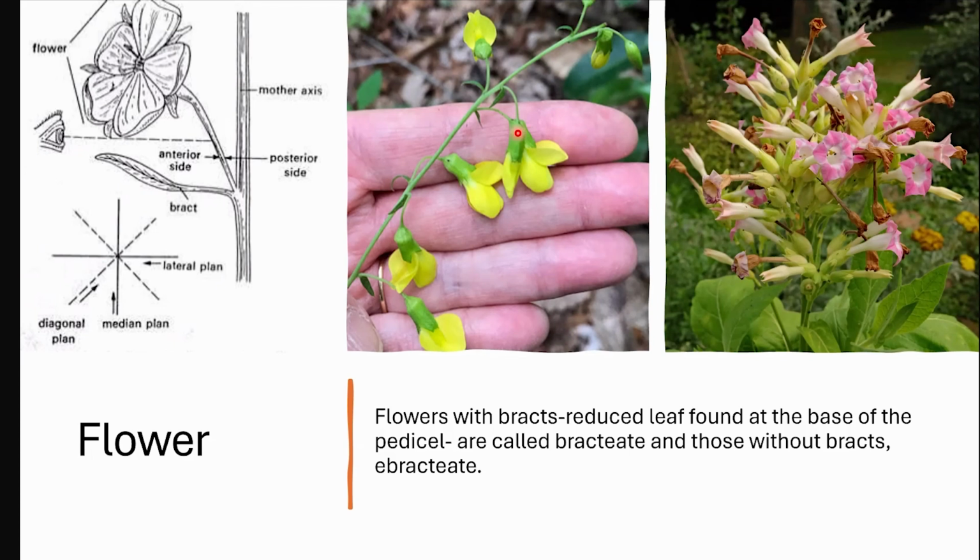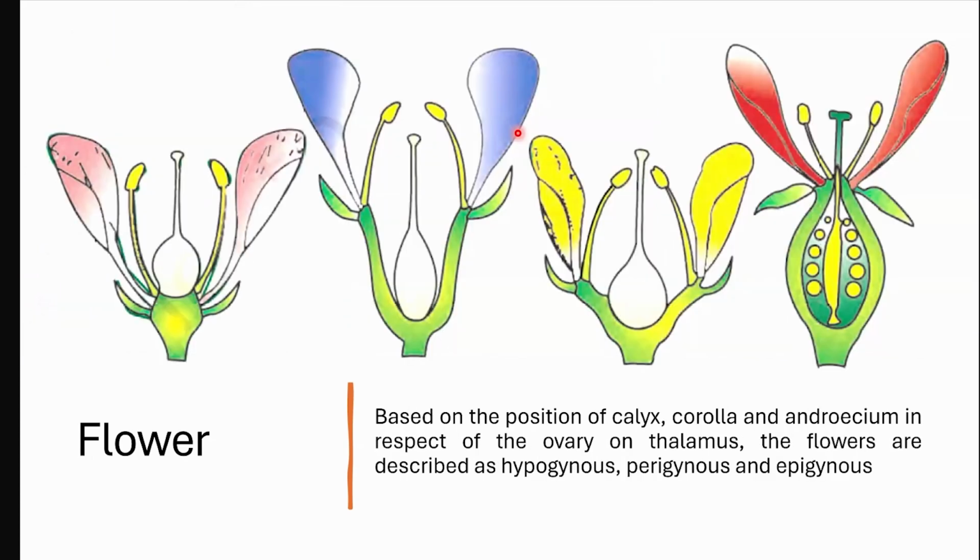Okay. Similarly, a few more interesting terminologies to deal with, right? Based on the position of the calyx, corolla, and androecium, there are 4 whorls. The outermost is calyx. After that is corolla. After that is androecium, and inside that is gynoecium. So over here we are talking about the outer 3 whorls.